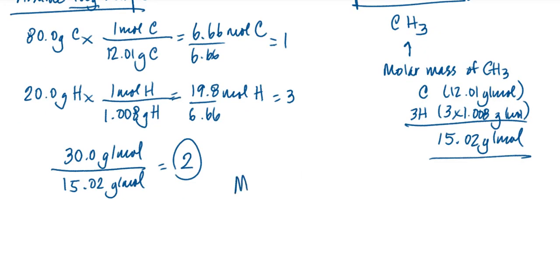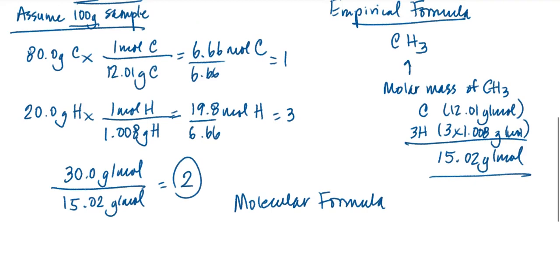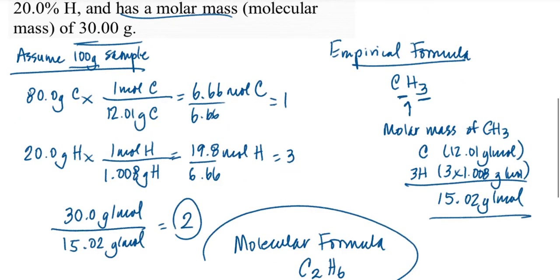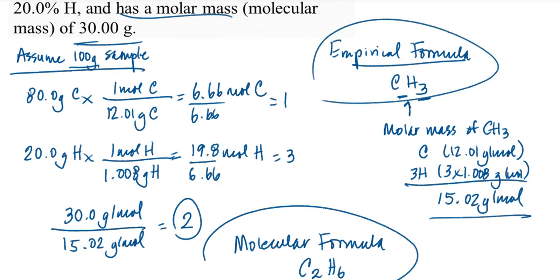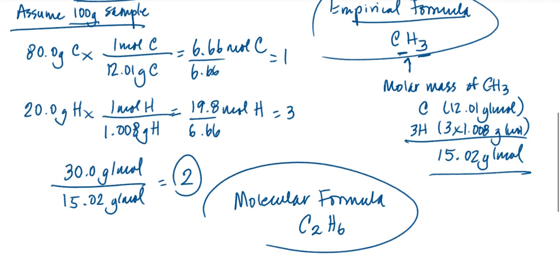So to get the molecular formula, I'm going to have to take the coefficients in CH3 and multiply them each by 2. So if I do that, that would mean I would get C2H6, and that would be my molecular formula, and CH3 is my empirical formula for this compound in this example problem.